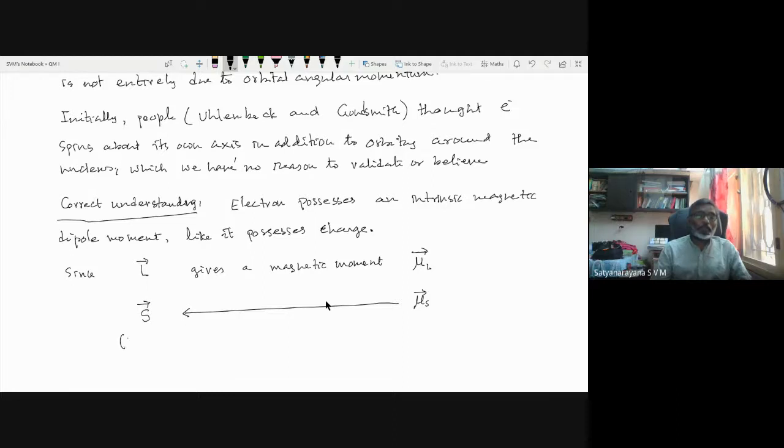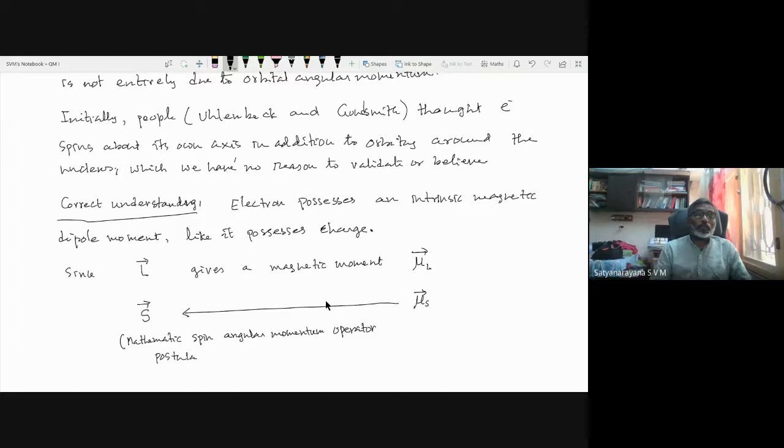So this is a mathematical spin angular momentum operator, postulated.